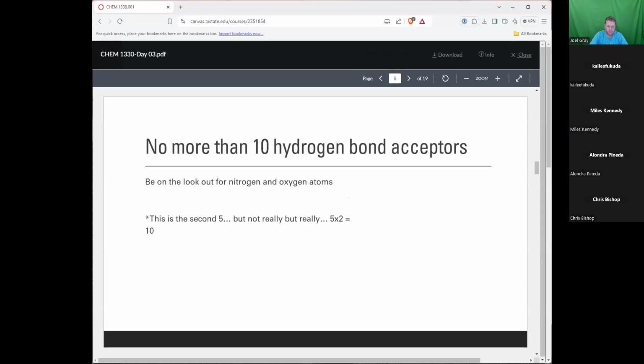Do we want our molecule to hydrogen bond with a bunch of stuff? We really don't. And the reason for that is, if you have a molecule that just makes like 50 hydrogen bonds. Here's one of the tricky things. Water is really great at hydrogen bonding. Hydrogen bonding gives water some amazingly powerful properties.